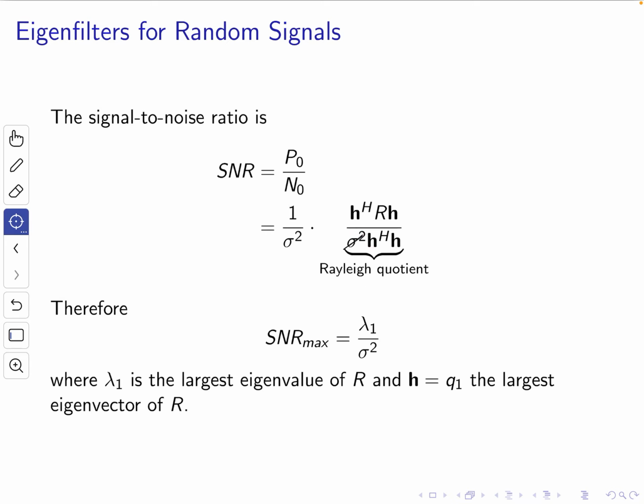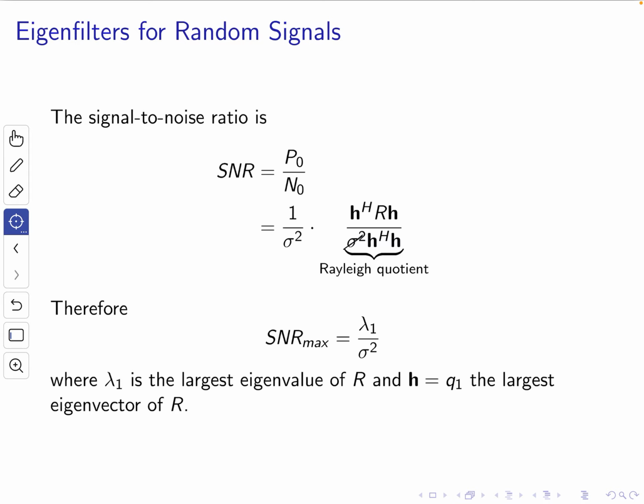We talked a little bit about this at the end of the quadratic form discussion. So when is this maximized? It's maximized precisely when h is the largest eigenvector of R, and the maximum value is lambda 1, so the signal to noise ratio is lambda 1 over sigma squared, where lambda 1 is the largest eigenvalue of the covariance of the signal.